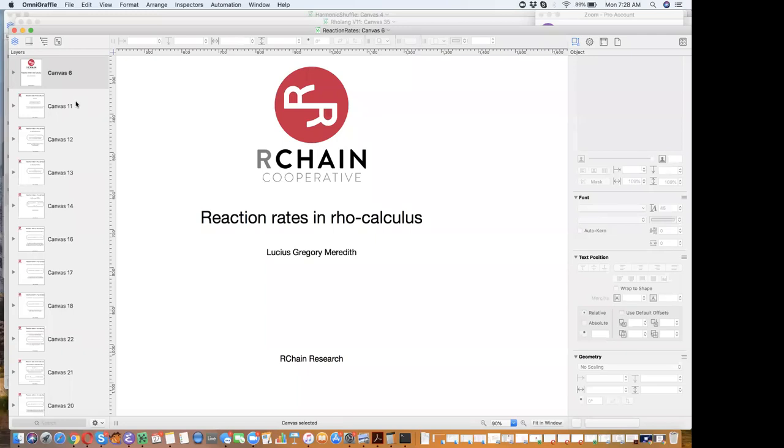If you go back to the early 2000s, there was considerable interest in putting rates on channels and using that as a stochastic model for reduction in process calculus, especially the pi calculus. And that has a very, very large range of applications, which have been pursued vigorously over the last 20 years. And I'll just touch on that.